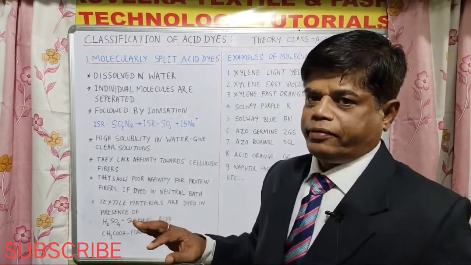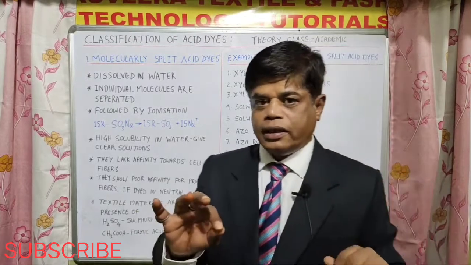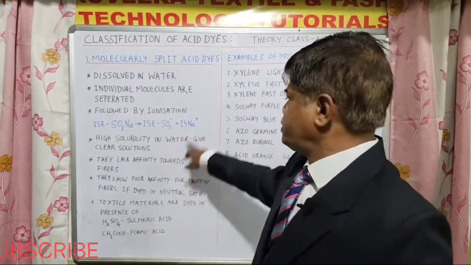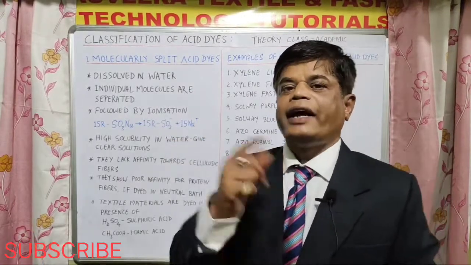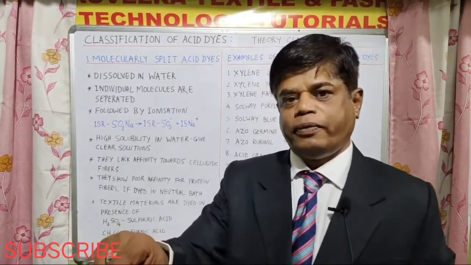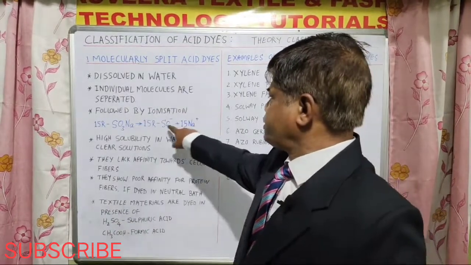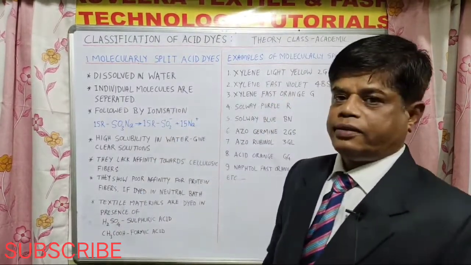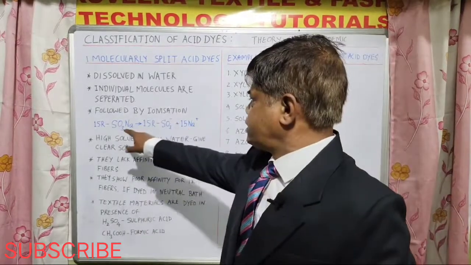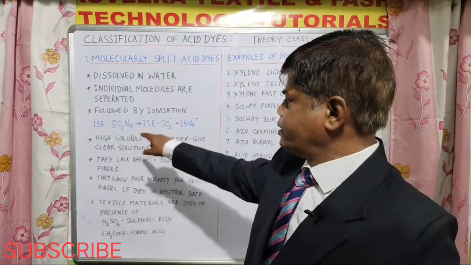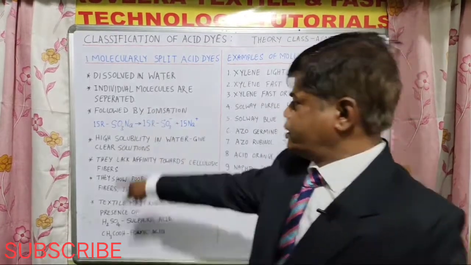That is separated because in silk, in protein fibers, the opposite charge exists. Here Na plus goes and attracts to the negative part of the fiber. This is the SO3Na, and 15R is the dye.